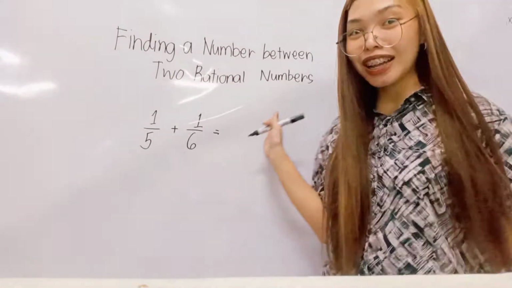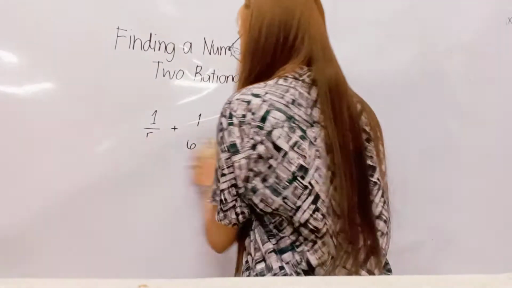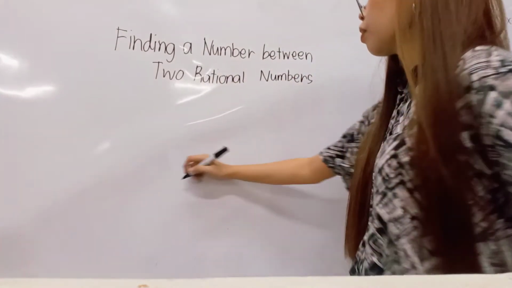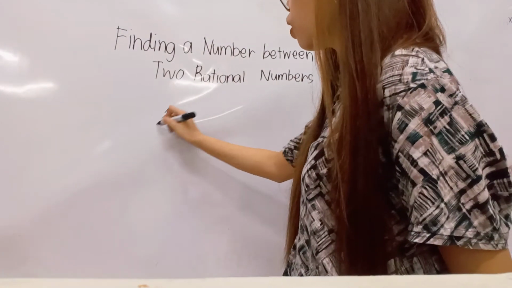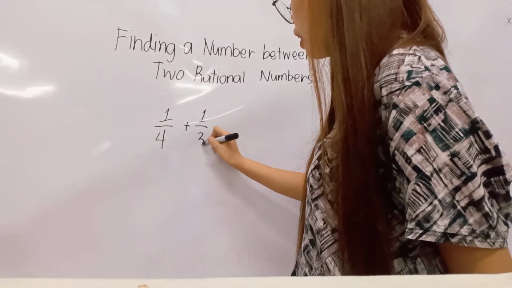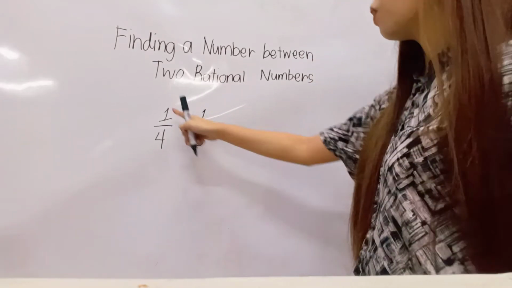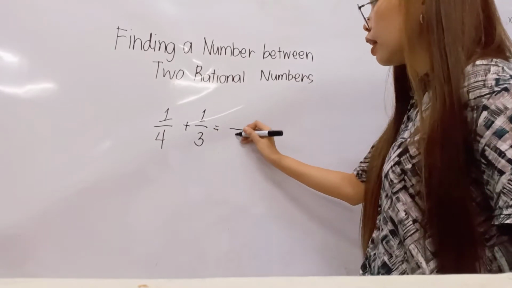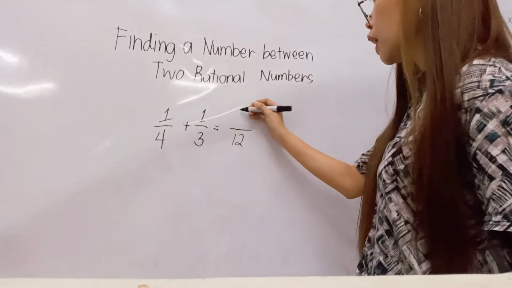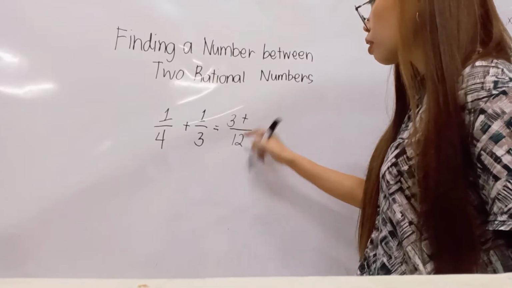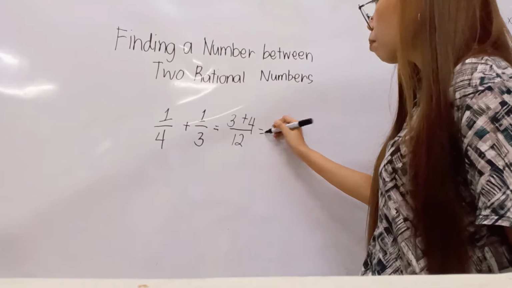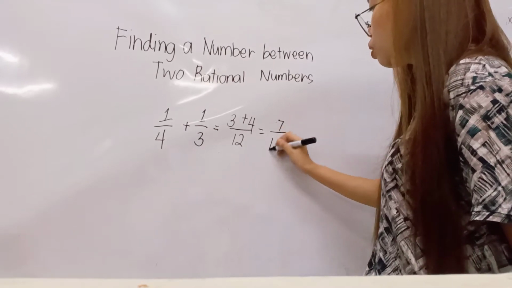No. So kulang yung kanina. Ulit. Yung kanina po, 1/4 plus 1/3. Ayan. So, we have to get the LCD, which is 12. 12 divided by 4, that is 3 times 1, 3 plus 12 divided by 3, that is 4 times 1 is 4. 3 plus 4, 7 over 12.